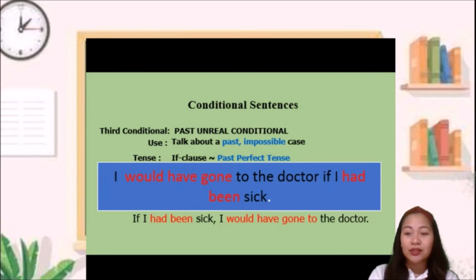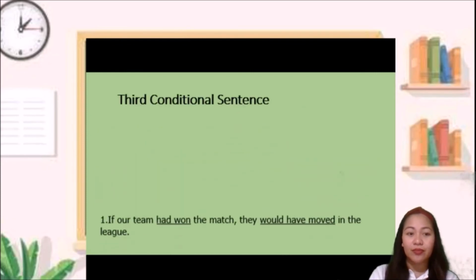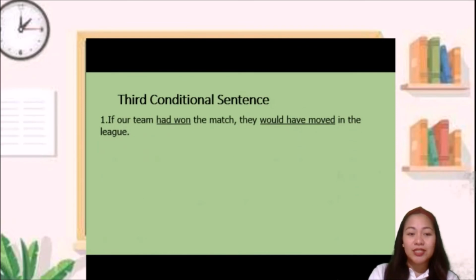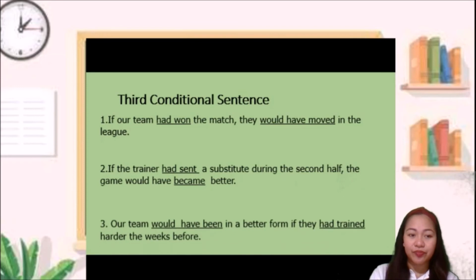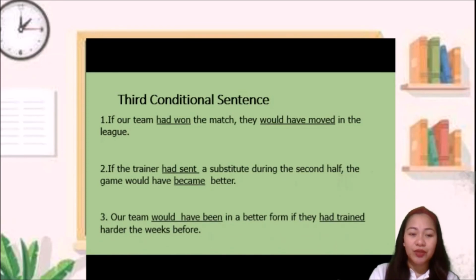Okay, please take a look at this. If our team had won the match, they would have moved up in the league. If the trainer had sent a substitute during the second half, the game would have become better. Our team would have been in better form if they had trained harder in the weeks before.